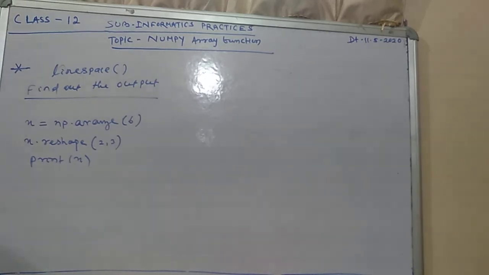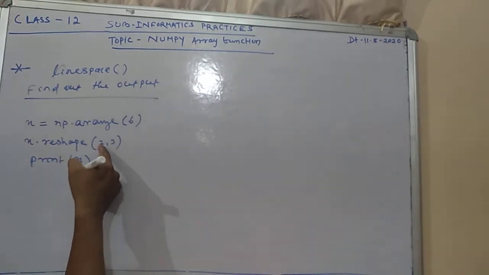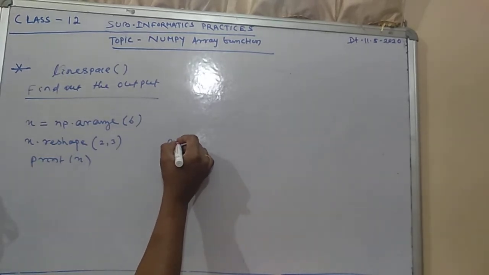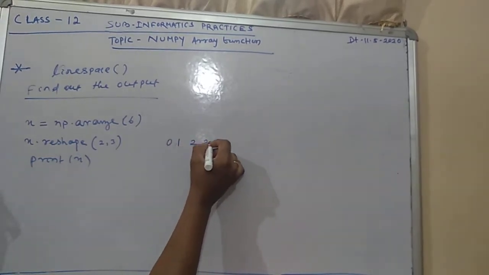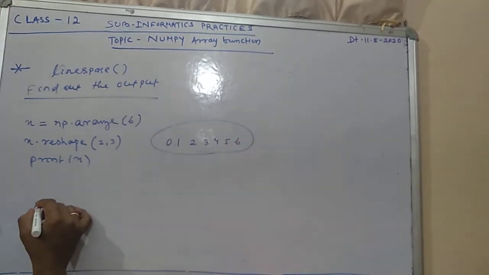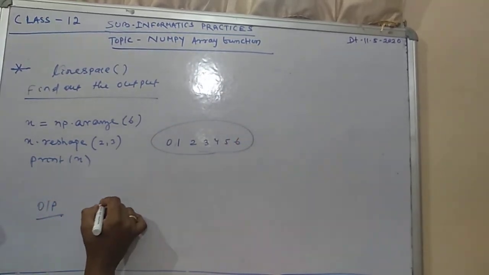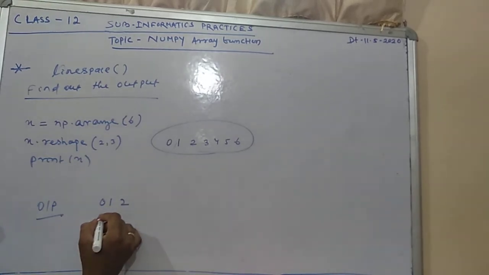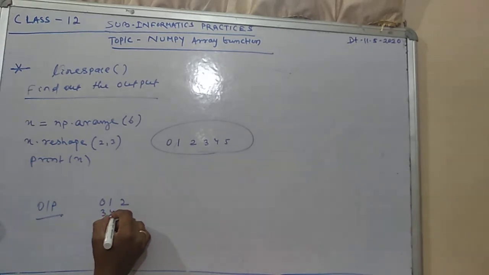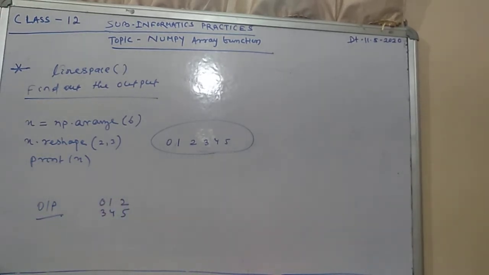Remember, only the letter r is used in the arange function. So what will the output be? Here the answer will come as 2 rows and 3 columns. That means 0, 1, 2, 3, 4, 5 will be converted into an array form. See, it will be 0, 1, 2 and then 3, 4, 5. Like this the output will come.